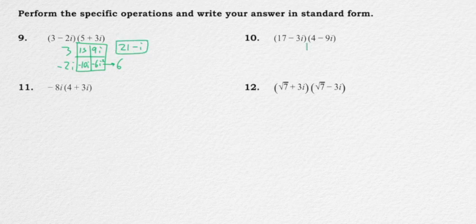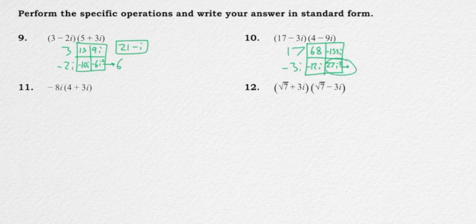Let's do the same thing for number 10. So I'll draw the box right underneath the second factor and put 17 minus 3i on the side. Alright, 4 times 17 is 68, and 9 times 17 is 153, so negative 153i. Alright, 4 times negative 3 is just negative 12i, and then negative 3 times negative 9 would be positive 27, and then i squared.